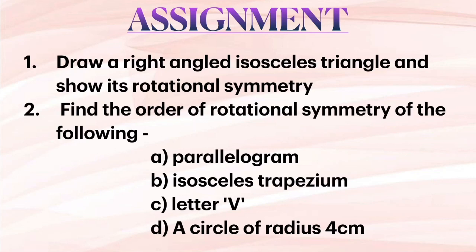And your second question is, find the order of rotational symmetry of the following figures. Your first one is a parallelogram, second an isosceles trapezium, third the letter V, and the fourth one is a circle with radius 4 centimeter. After solving your questions, you will be able to check whether you have cleared your concept or not.